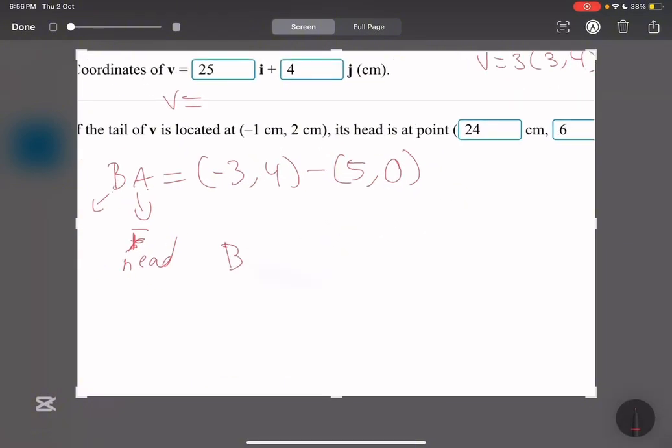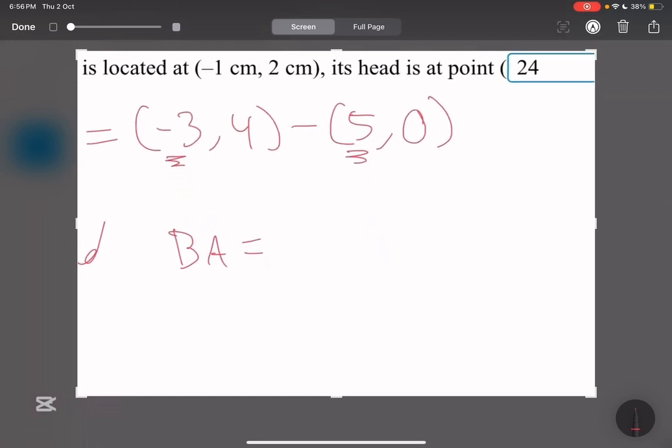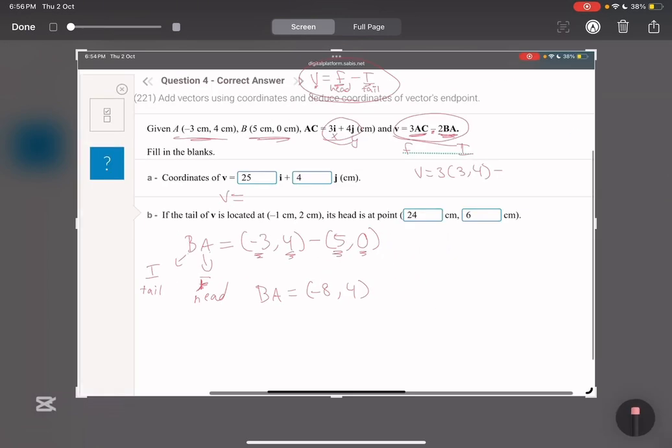So now we find BA. Simply you do the x minus the x, -3 minus 5, it would be -8, the y minus the y, 4 minus 0, and it would be 4. So this is the value of BA, simply by using the equation that I wrote at the top.